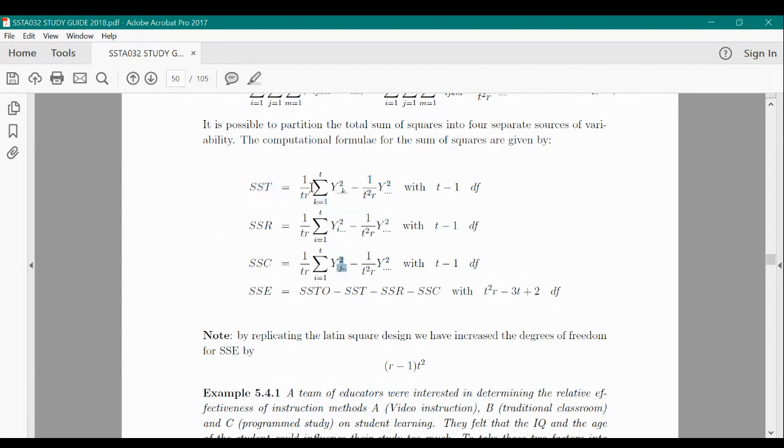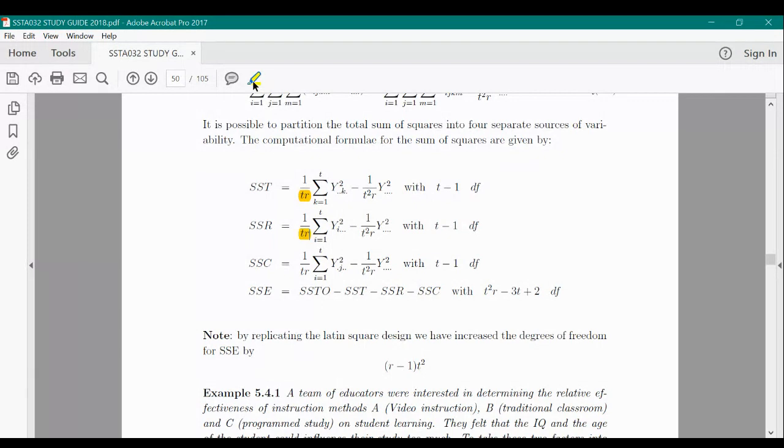So let's check the difference between these formulas. The normal Latin square design formula says SST is equal to 1 over T. This one, because you have replication, you multiply that T with R. These are the only differences that you'll find now.